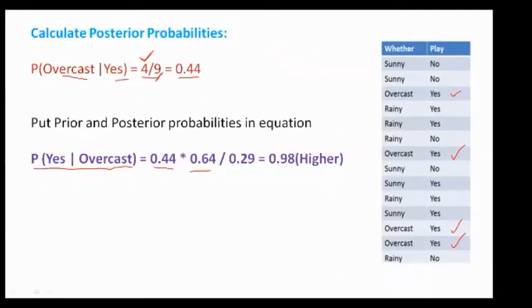So P of S divided by P of overcast. So we get this probability of playing a sport if weather is overcast as 0.98. So it is higher, so we can decide the player can play a sport because probability is higher. This is for S condition. We have first assumed that the player can play cricket. That's why we are calculating probability over hypothesis S.